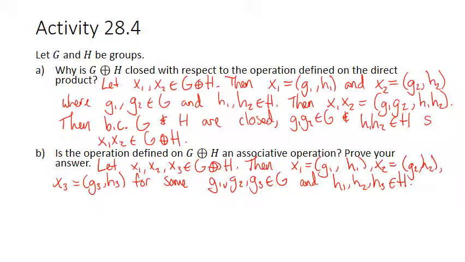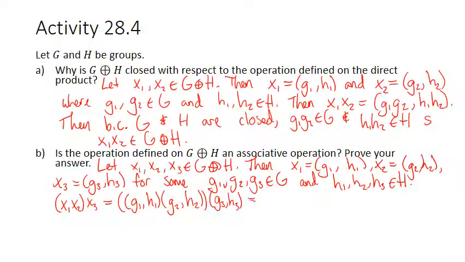Okay, so now let's try doing the multiplication with both types of parentheses. Let's do x1, x2 together first, like this, times x3. So first we need to evaluate x1x2. So this is going to be (g1, h1) times (g2, h2). Okay, and then on the outside here is going to be (g3, h3).